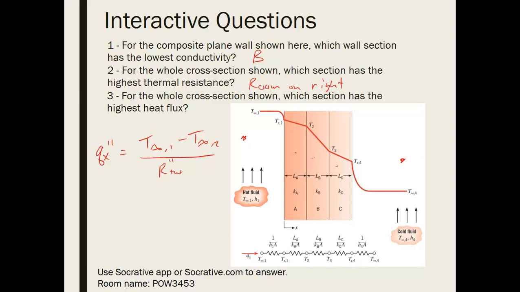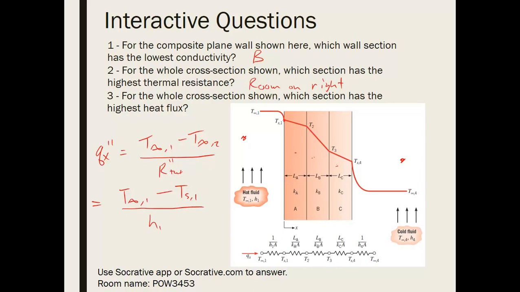I'm going to use the one for unit area, because we don't necessarily know anything about the width and height of this wall. That's also going to be equal to T_infinity1 minus T_s1, this temperature, divided by the thermal resistance of convection here, let's call that 1 over h1.